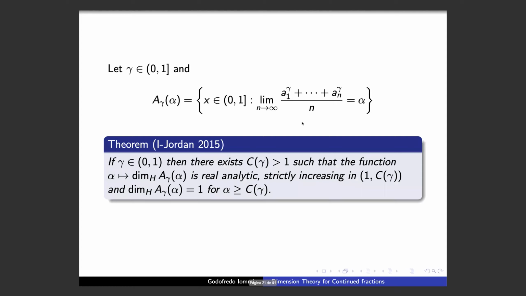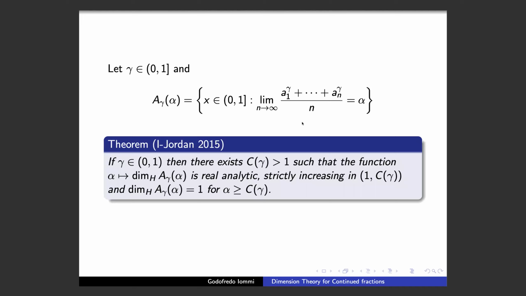And what we prove with Thomas is that the situation in this case is somehow different. If gamma is different from 1, there exists a constant, depending of course on gamma, so that again the Hausdorff dimension function is real analytic and strictly increasing in the interval from 1 to this constant.